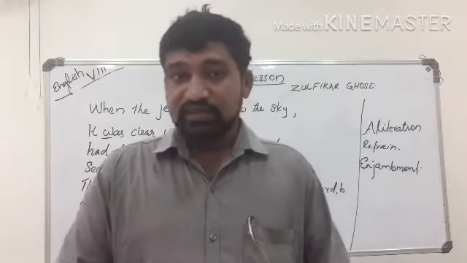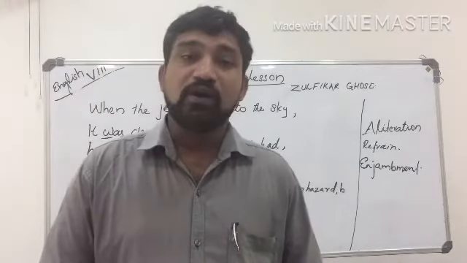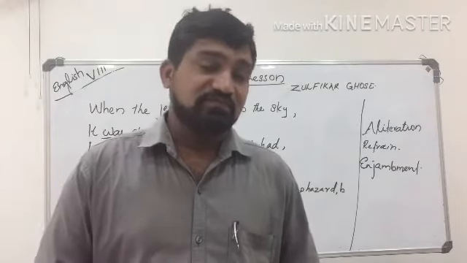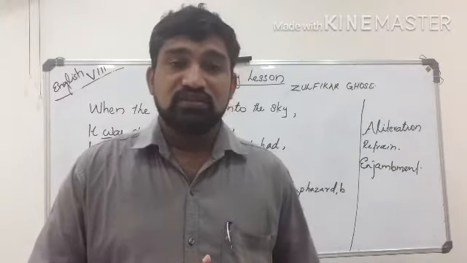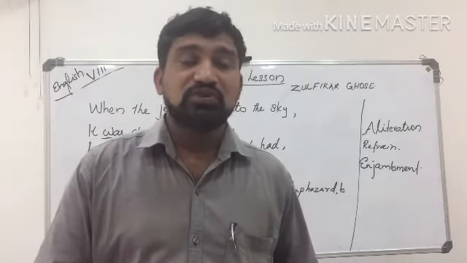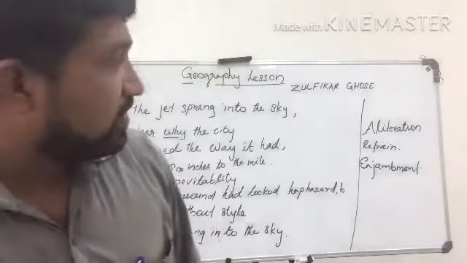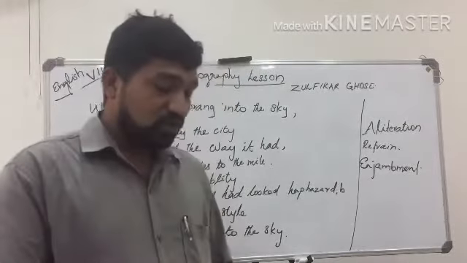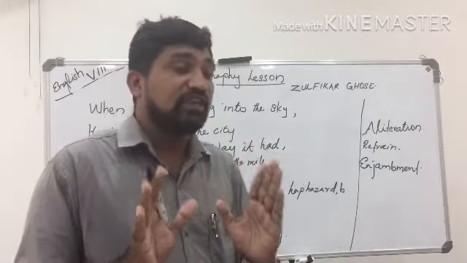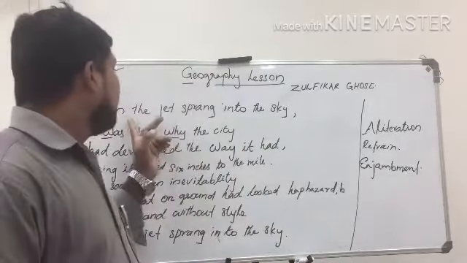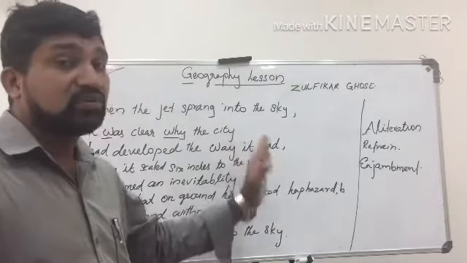Now, let us go to some poetic devices in this poem, poetic diction. And here the poet used some poetic diction to beautify the poem. First one, look at the first line of the poem, which starts with, when the jet sprang to the sky.